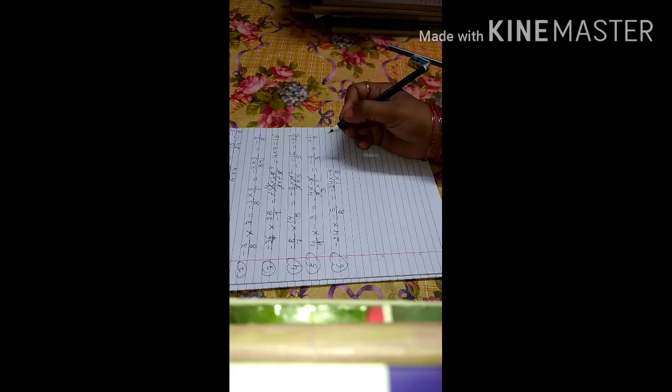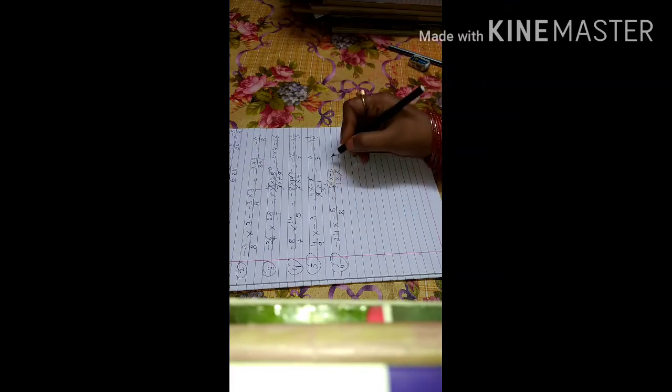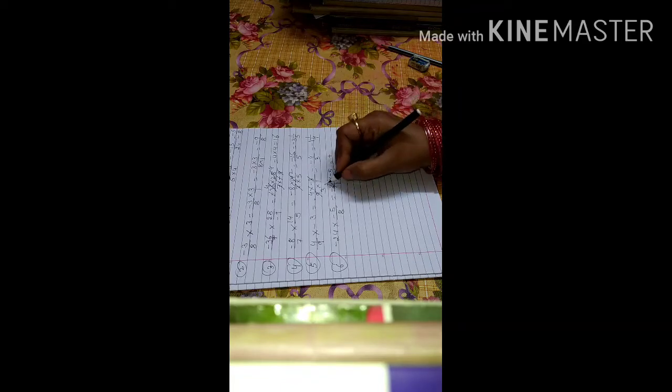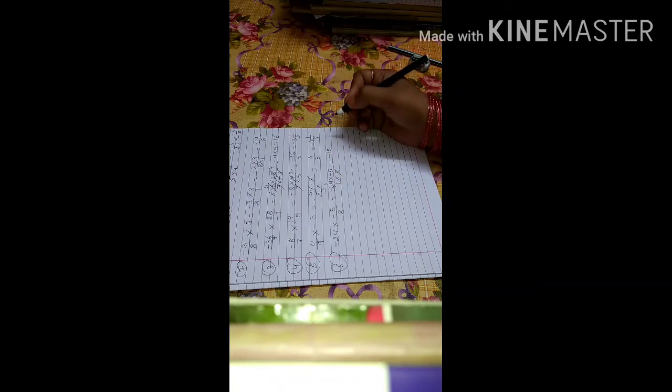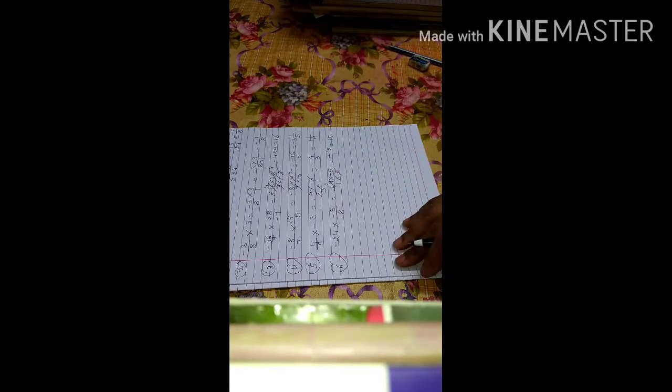Is there any number divisible? Yes, 24 is divisible by 8. How many times? 3 times. Now this minus and minus is what? Plus. Minus into minus is plus. So we can write plus 5 3s are 15 by 1. The answer is 15.